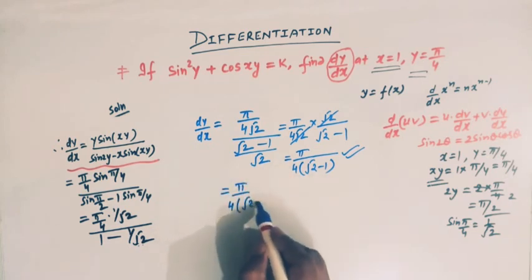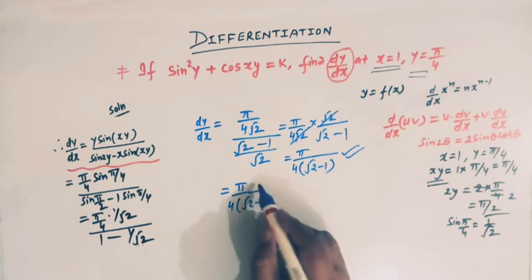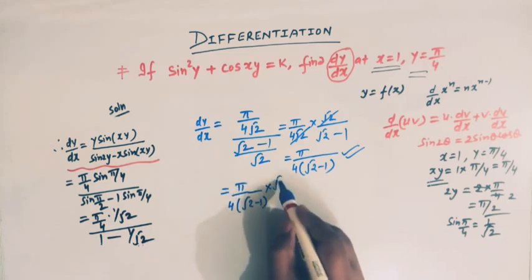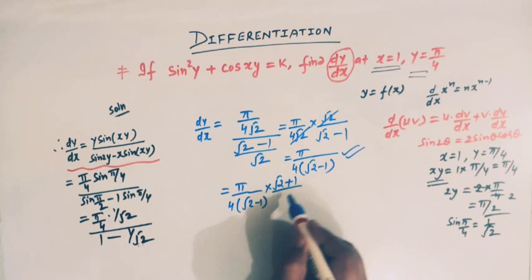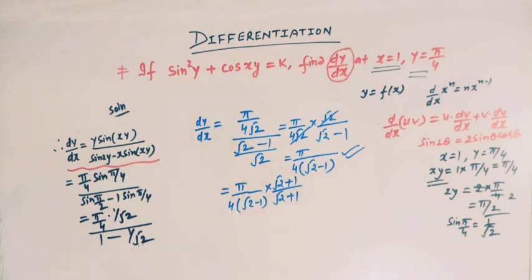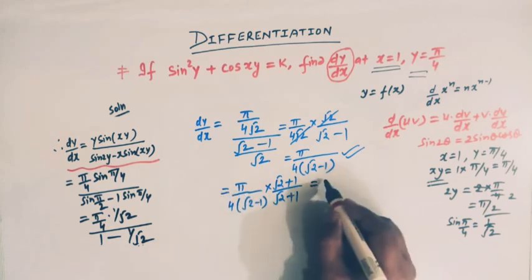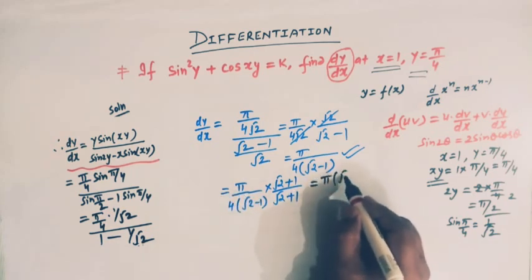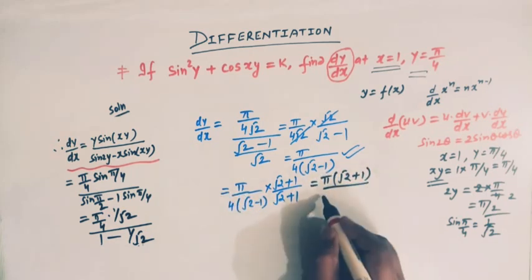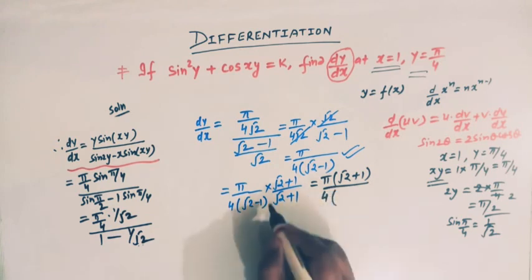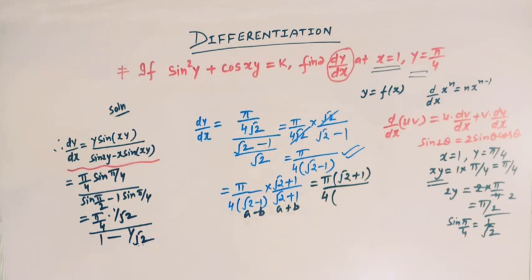we can multiply and divide this expression by square root of 2 plus 1, right? So rationalizing the denominator, here we have pi times root 2 plus 1, and here we have 4 times, this is a minus b, this is a plus b, so we have a squared minus b squared.